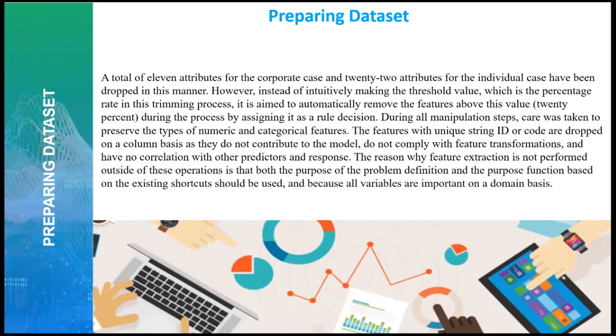We determined that, of the 22 attributes, some were dropped in this manner because we determined what kind of percent threshold value to use. If the categorical or numerical attributes have missing values under the threshold, we automatically remove those features, and we set the threshold at 20% during the process.